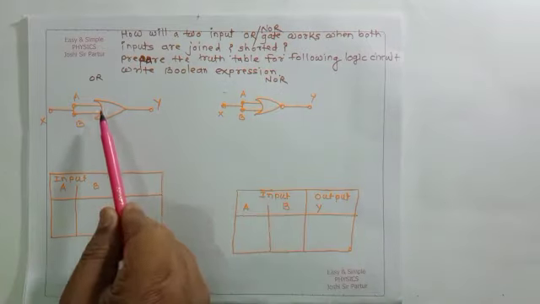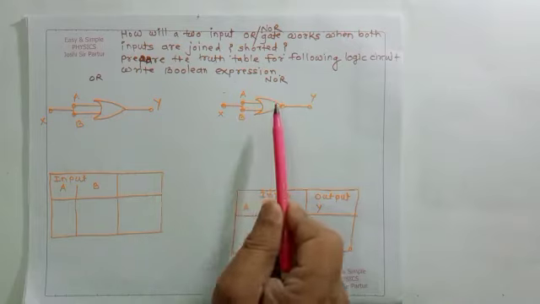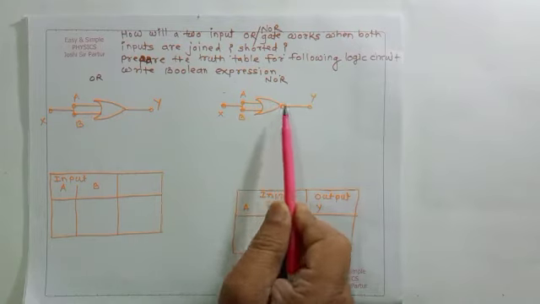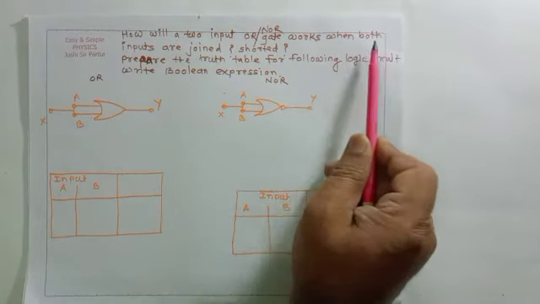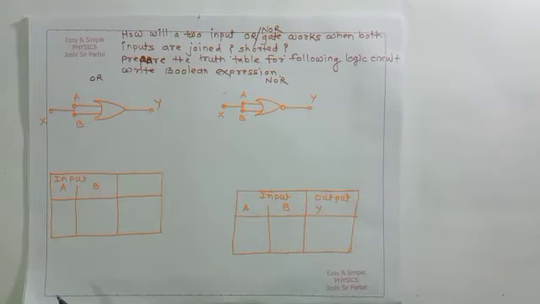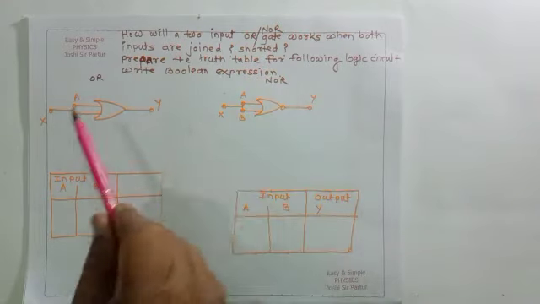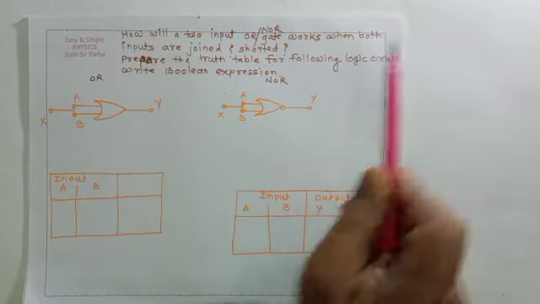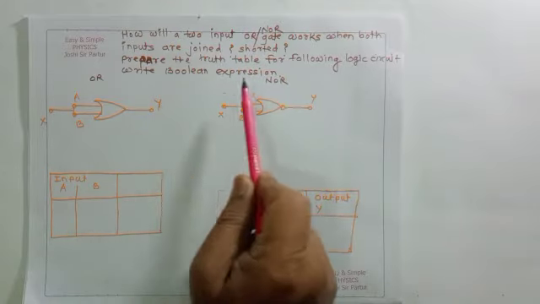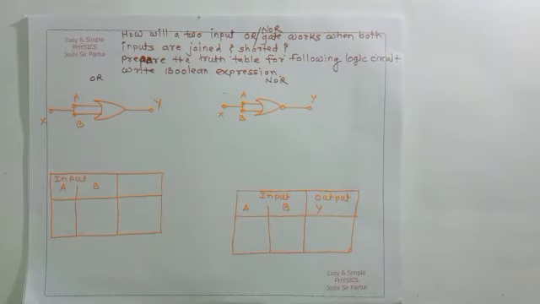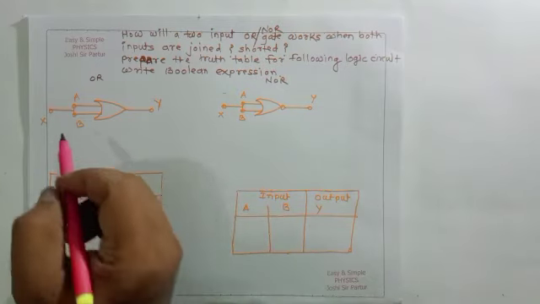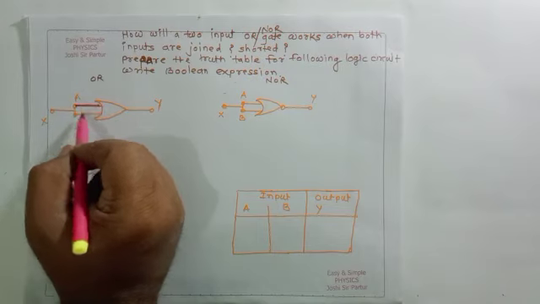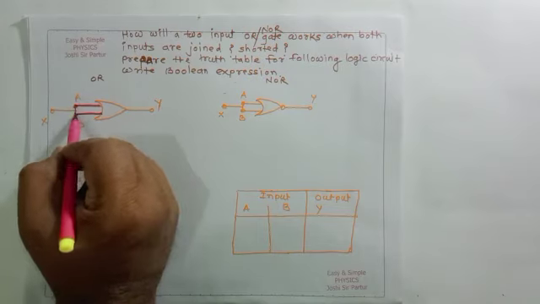See here, this is the symbol for OR, this is the symbol for NOR. How do they work when both inputs are joined or shorted? Prepare the truth table for the following logic circuits and write their Boolean expression. Similarly, here two inputs, input A and input B, are shorted.